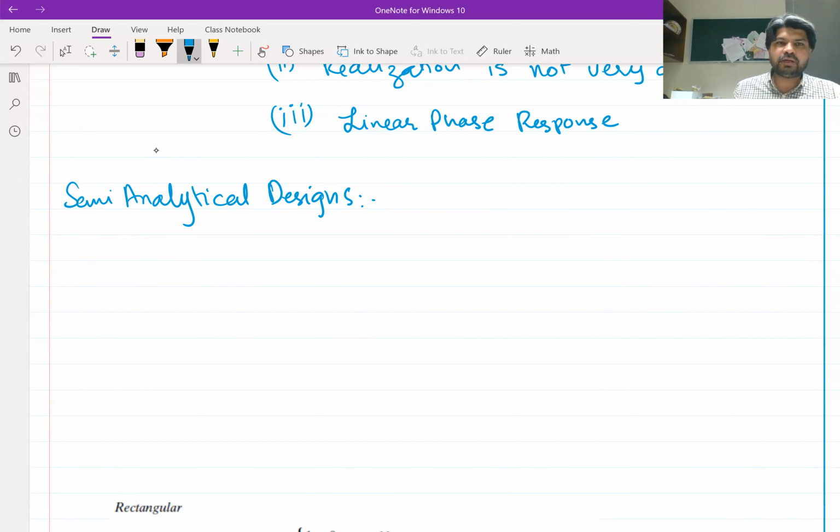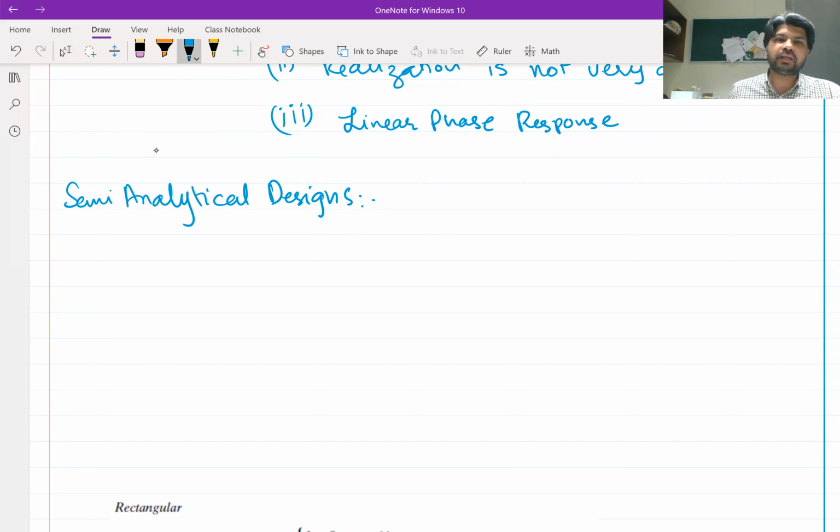For an FIR filter, you cannot guarantee any specs. So you would just design a filter, then check its frequency response, whether or not it satisfies. If it does not, you increase the order. So that is how it works.